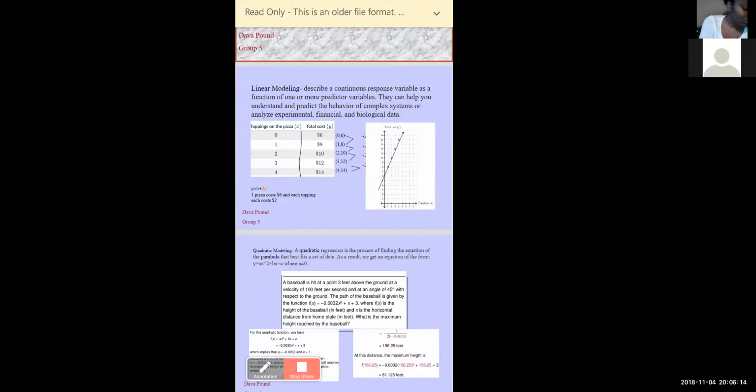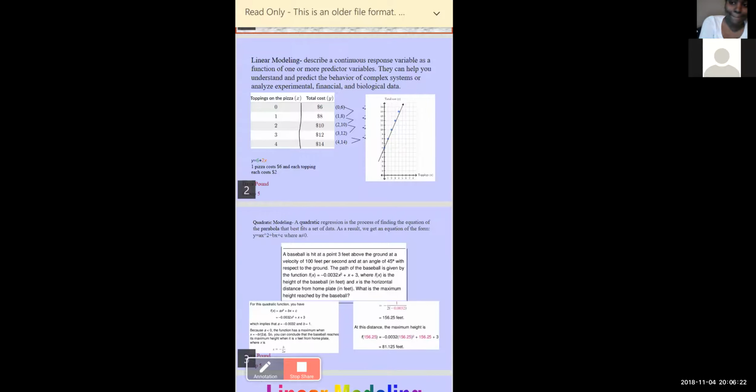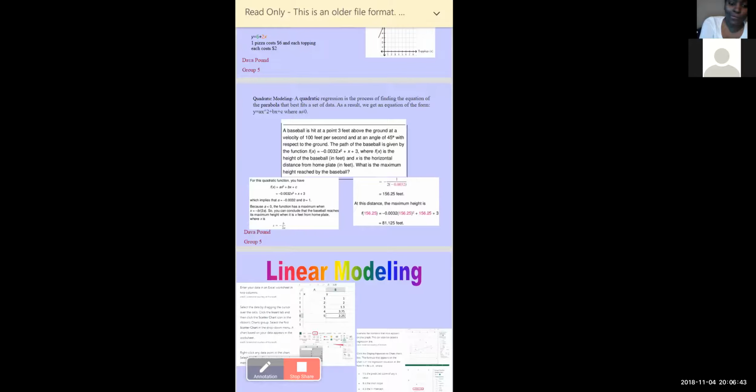And so our equation that we would use is y equals 6 plus 2x. 1 pizza costs $6, and each topping costs $2. So whatever x is, you would multiply that by 2, and then add it to 6 to get the total amount for how much your pizza will be.